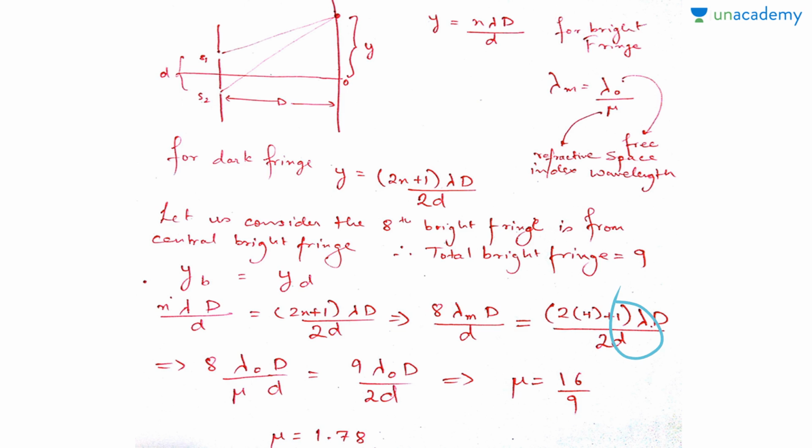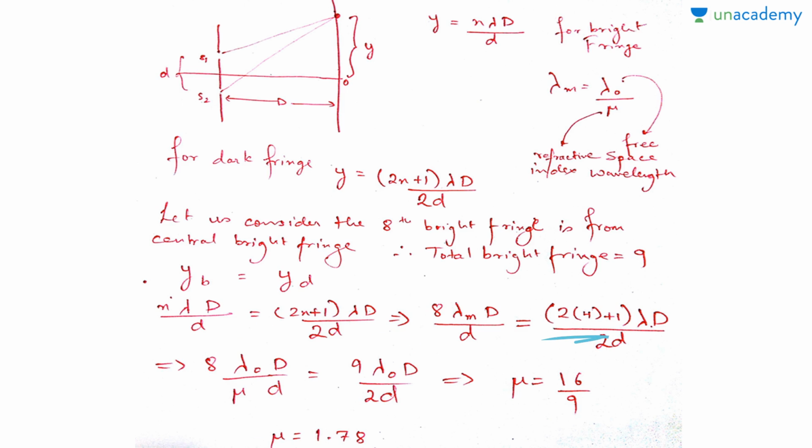Now we'll cancel whatever we can from both the sides, replacing lambda in the medium by lambda naught by mu. So the final equation that will form is 8 into lambda naught D upon mu d is equal to 9 lambda naught, that is in air, D upon 2d.